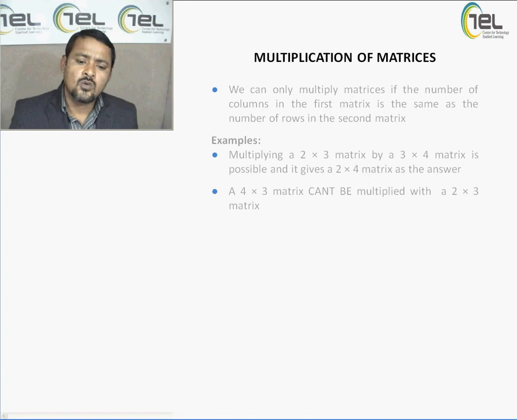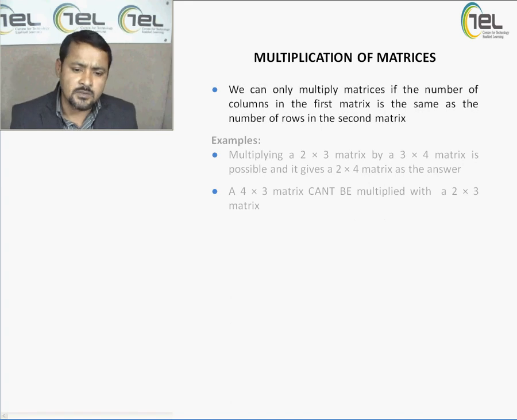But how is matrix multiplication possible? What are the basics that should be dealt with so that we are able to multiply matrices? We can multiply two matrices if the number of columns in the first matrix is the same as the number of rows in the second matrix.